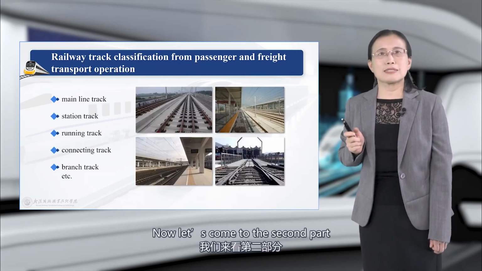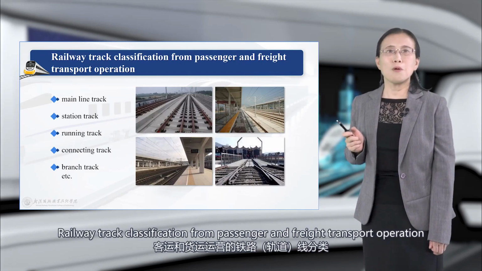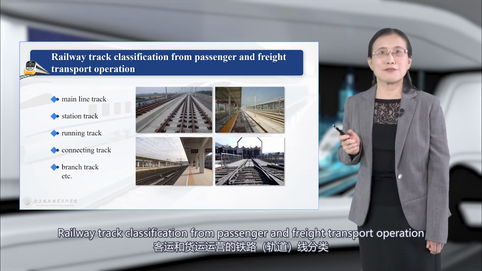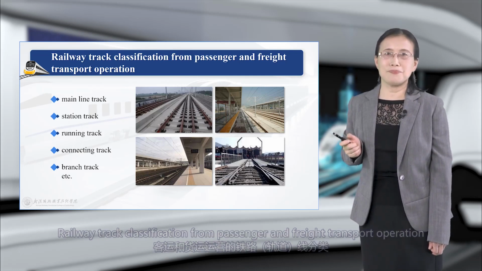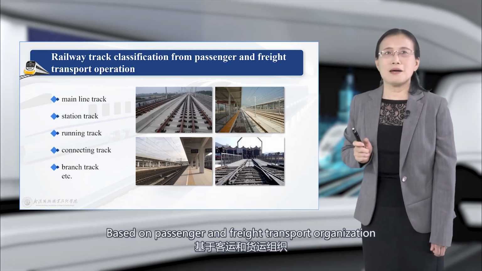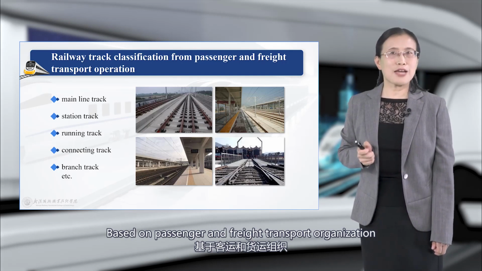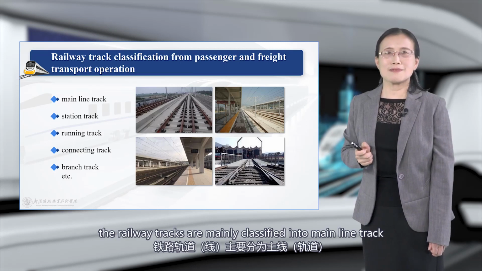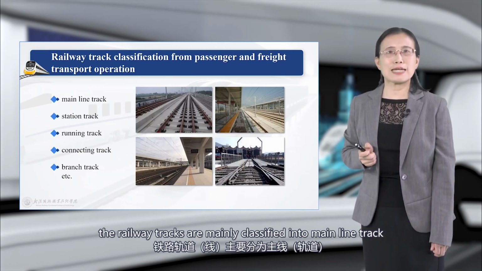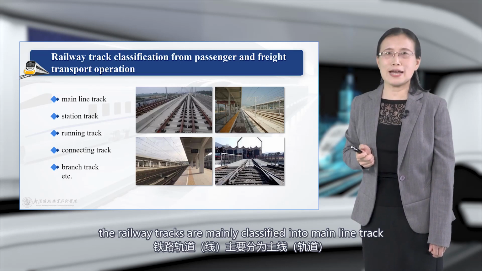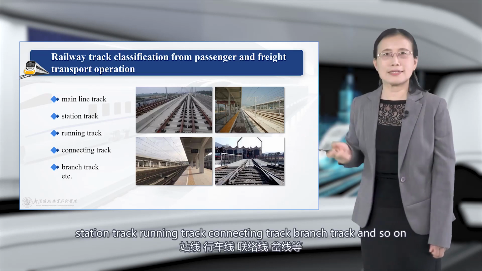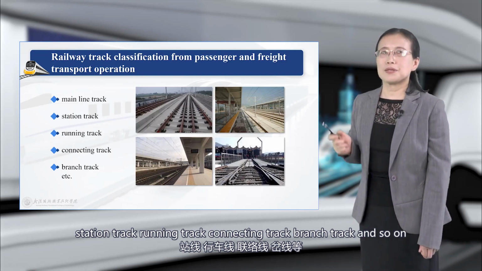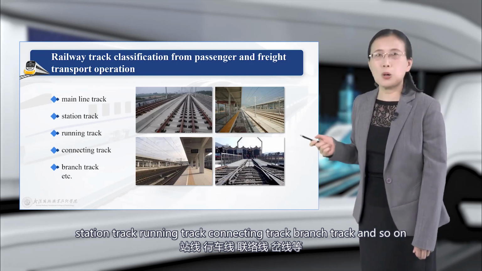Now let's come to the second part: railway track classification from passenger and freight transport operation. Based on passenger and freight transport organization, the railway tracks are mainly classified into mainline track, station track, running track, connecting track, branch track, and so on.